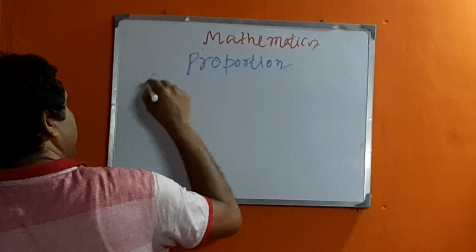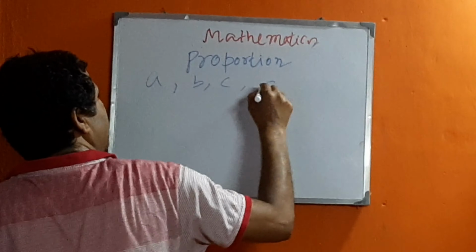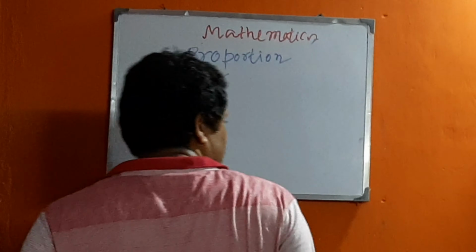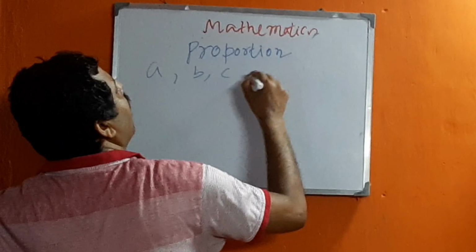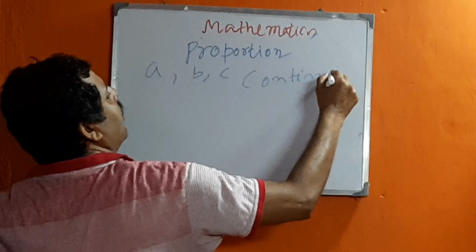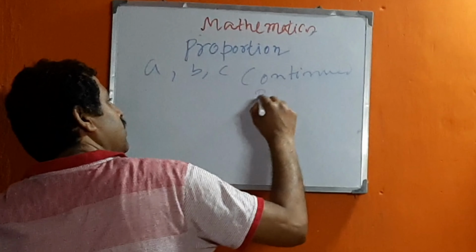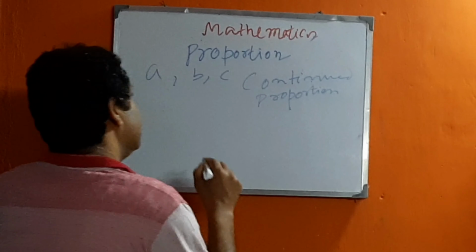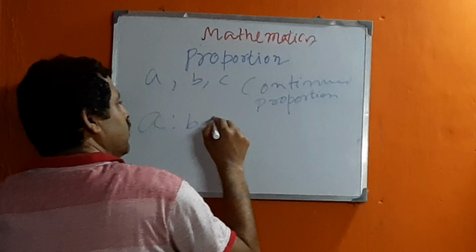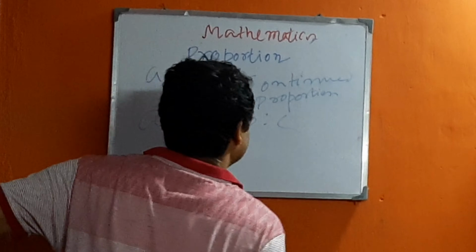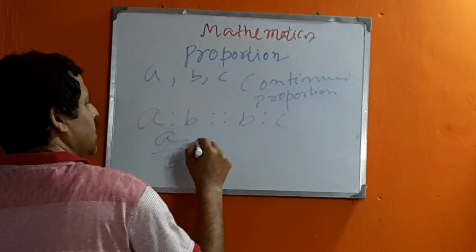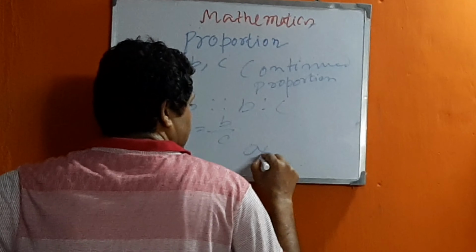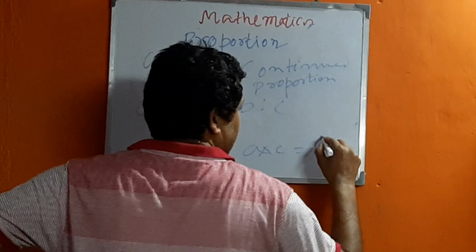When A, B, C, if we omit D, are in continued proportion, then we may write A is to B proportional to B is to C. That is, we have A by B equals B by C. That means we have A into C equals B into B, that is B square.